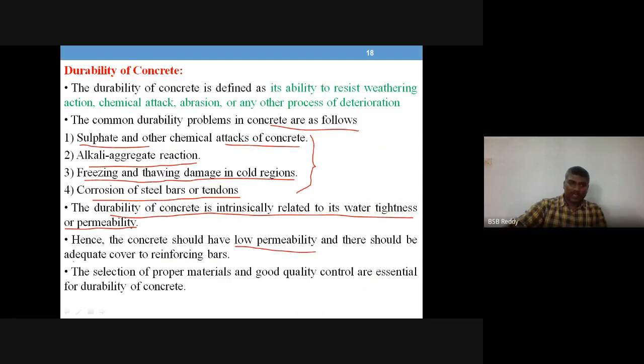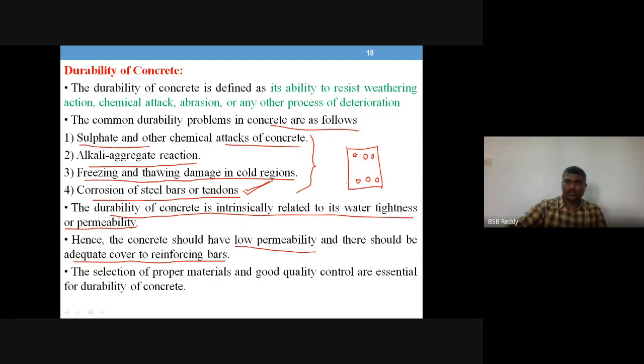So there should be adequate cover to the reinforcing bars. That is for the issue of corrosion of steel bars. Okay, so in general, steel bars will be kept with concrete as the outer layer of the bar, either at top or bottom, or both top and bottom.